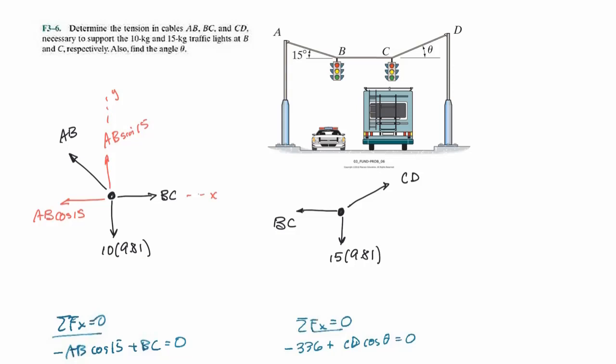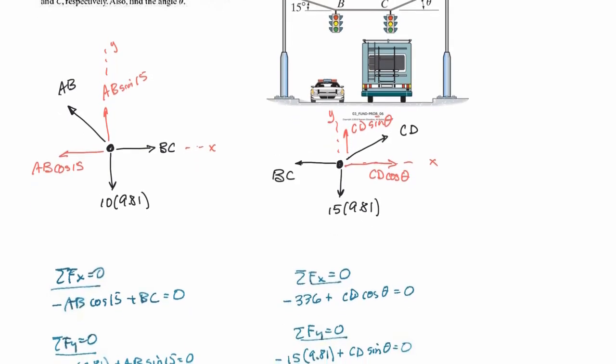Again, this is going to be the x direction and the y direction. So let's put our component forces in here. I'll say that this is going to be CD cosine of theta, where theta is an unknown, and then we have CD sine of theta going that way.